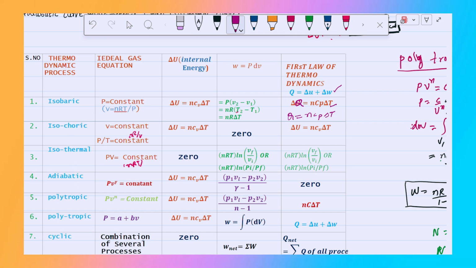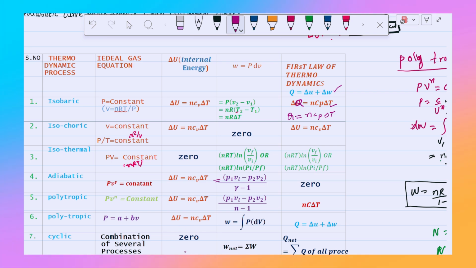So whatever the process, if it is isothermal, internal energy is equal to 0. The formula is nRT into ln of Vf by Vi, and dQ, heat energy and work done both are same in isothermal. Whereas in adiabatic, heat energy is 0 and dU is equal to nCV delta T, which is equal to (P1V1 minus P2V2) by (gamma minus 1). dU is negative, meaning these two are equal and a minus sign will come.